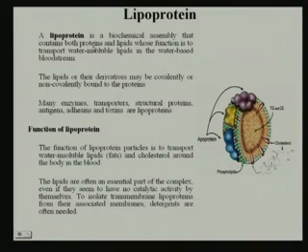That means this lipoprotein is mainly acting in the transport of water-insoluble lipids from one side to another through the bloodstream. These lipids or their derivatives may be covalently or non-covalently bound with the protein molecule. Many enzymes, transporters, structural proteins, antigens, adhesins and toxins are some examples of lipoproteins.